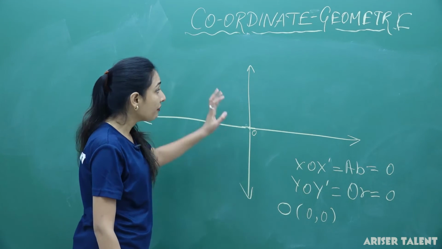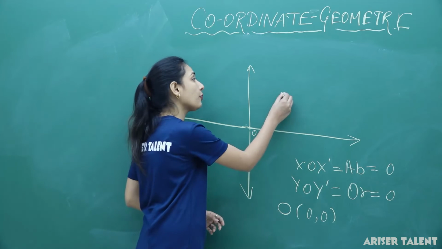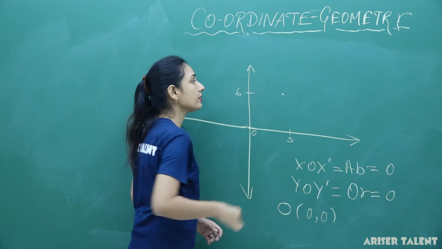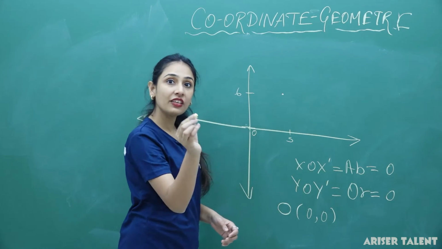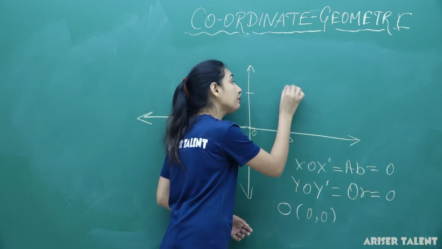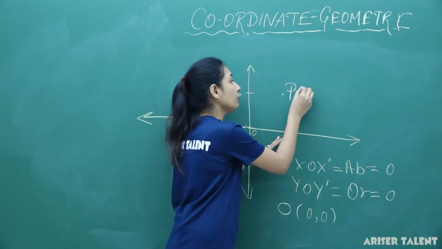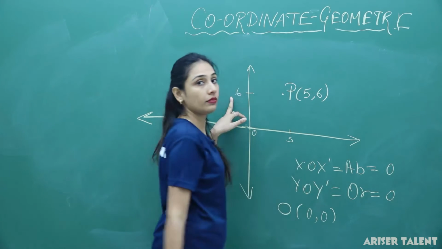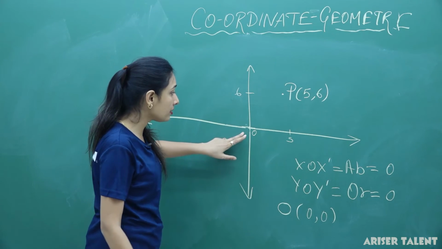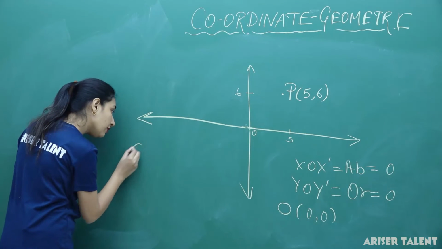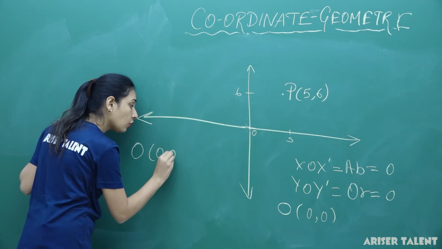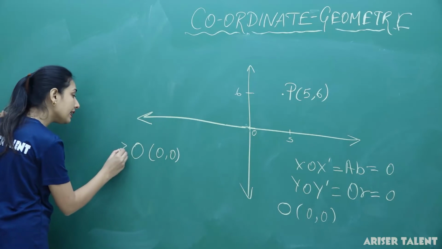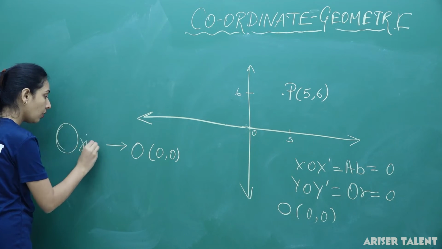So whenever we write any point, suppose 5 and 6, and I give it the name P, then P will be (5, 6), where 5 is the abscissa and 6 is the ordinate. Now, this point at the middle is O (0, 0). O is the name. Why is it called O? Because we call it the origin.